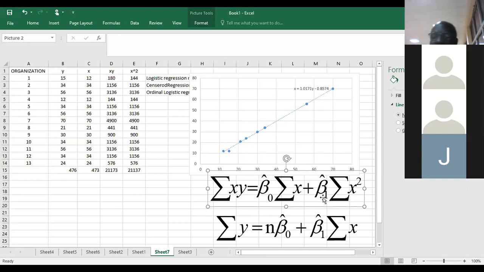Have you done that, please? Yes. Label that as equation 1.